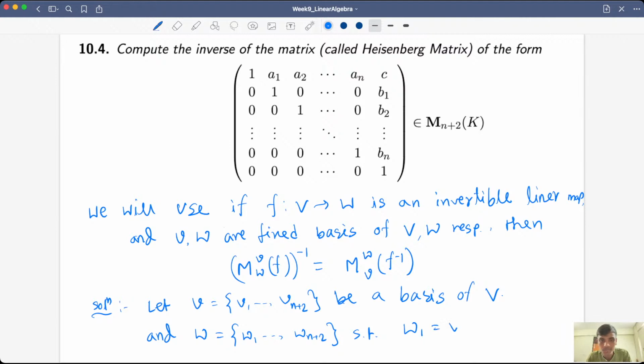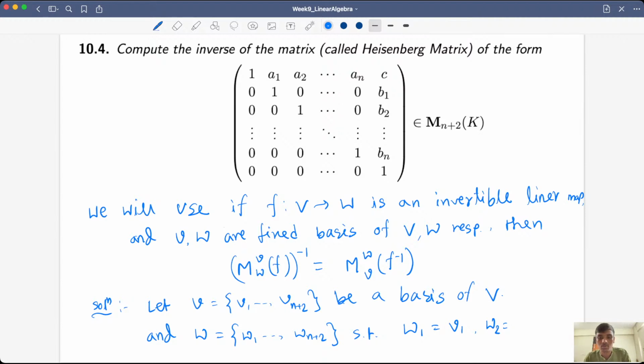w1 is v1, because I will define f of v1 equal to w1, then this column will clearly consist of only 1. Then if I take v2, it should be something like a1 times w1 plus a2 w2, right?